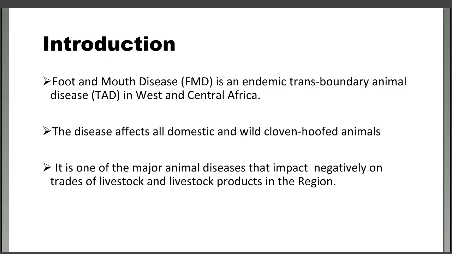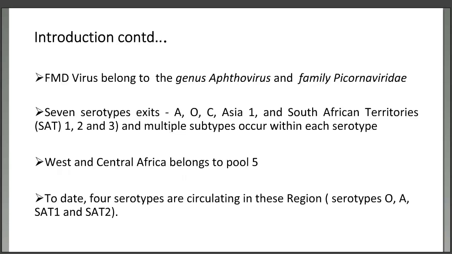Foot and mouth disease actually belongs to the aphthovirus genus of the family Picornaviridae. And we have 7 different serotypes that exist. These are serotypes A, O, and C, Asia 1, and South African Territories SAT 1, 2, and 3.